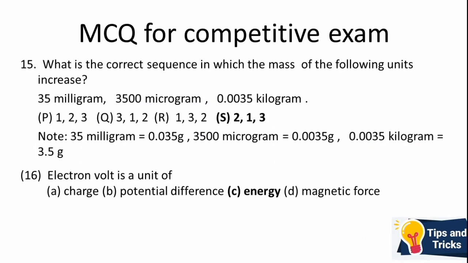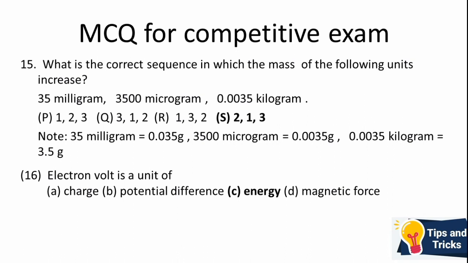So now let us move on to question number 15. What is the correct sequence in which the mass of the following units increases? So we have to put 35 milligrams, 3500 micrograms and 0.035 kilograms in increasing order. The solution for this problem is converting different units into a single unit.